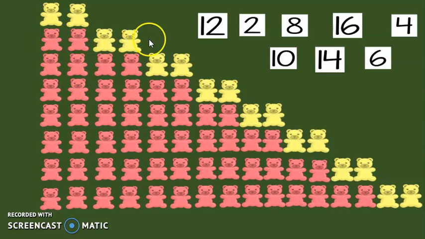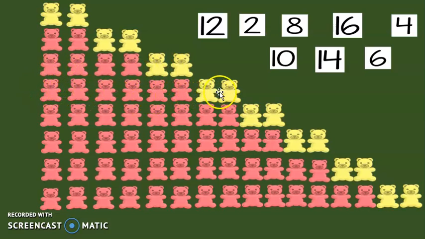Look at this second row. How many yellow bears are there? There's 2 here again. Let's go now to the next row. How many yellow bears are there? 2 again. Good job. Now let's go to the next row.